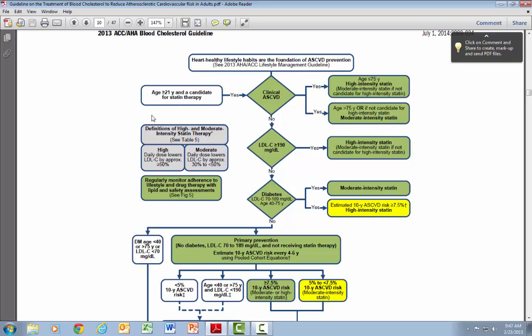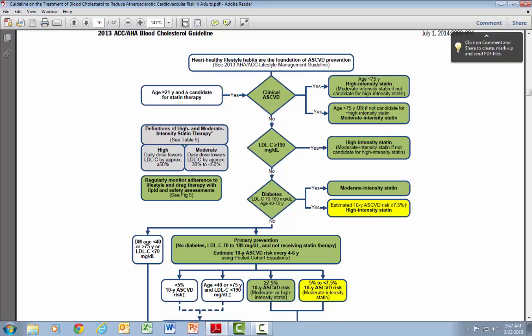If you're more than 21 years old and you're a candidate for statin because you had a clinical CAD, then you should start statins. If you also have a clinical CAD and you're less than 75 years old, then you should start high intensity statins. Again, 80 milligrams of atorvastatin.